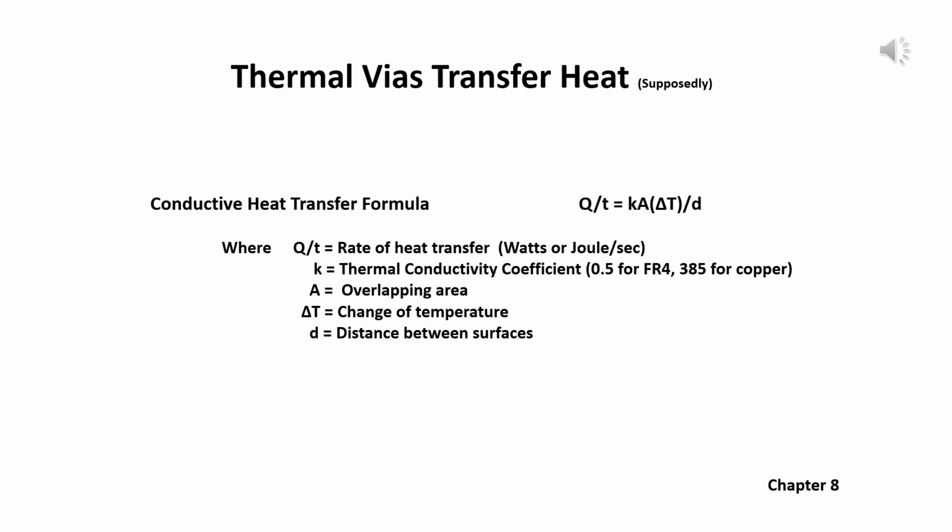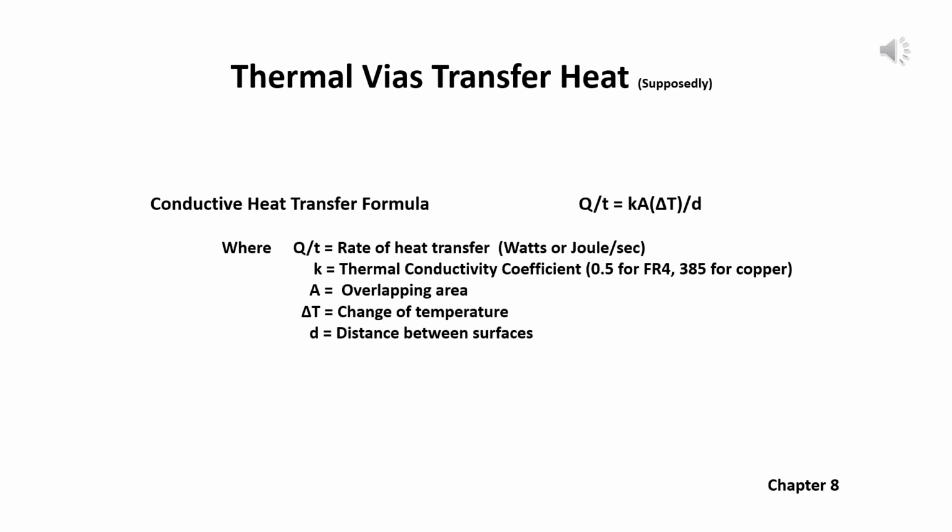The conductive heat transfer formula, shown here, is the measure of heat that is transferred. Q/t is the rate of heat transfer in watts or joules per second. K is the thermal conductivity coefficient of the board material. Typically it's 0.5 for FR4. It's 385 for copper.